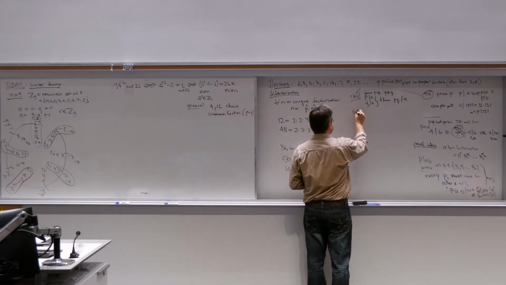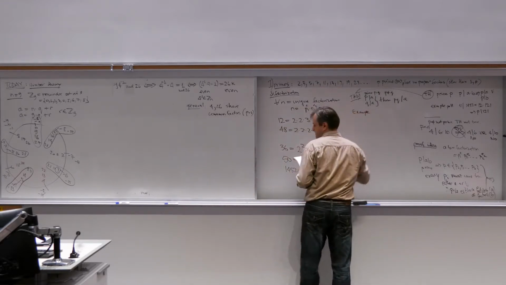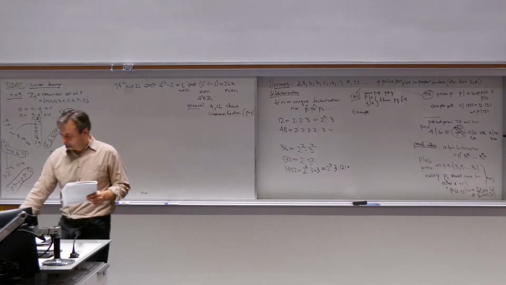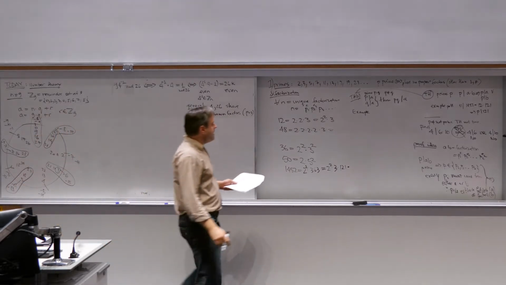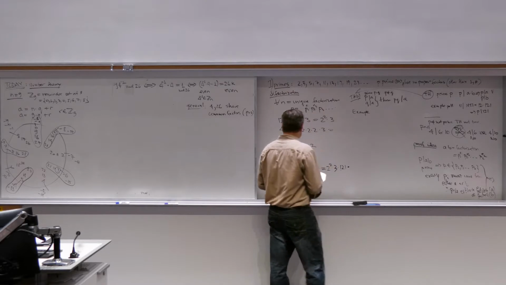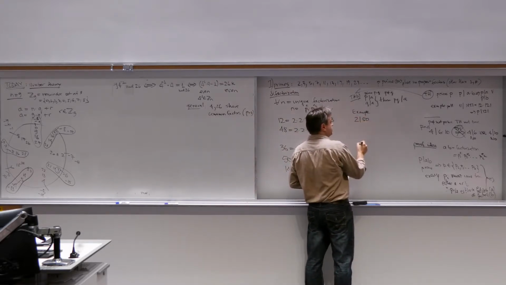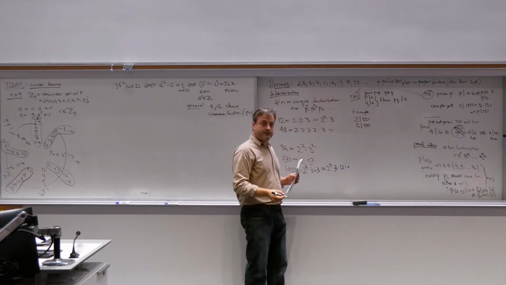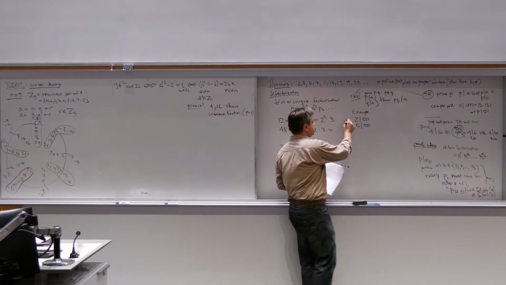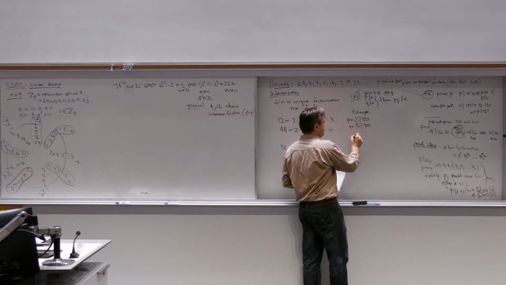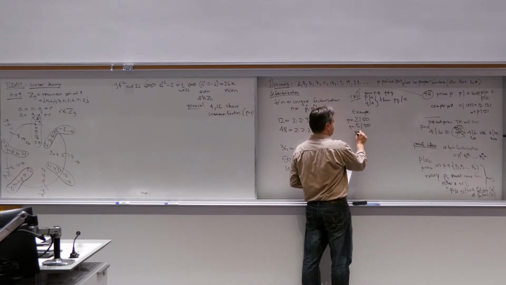So for example, let's take one example here. For example, 50. 2 divides 50. 5 divides 50. Right? That's two primes, P and Q. That's my P, that's my Q. And P and Q are different primes.